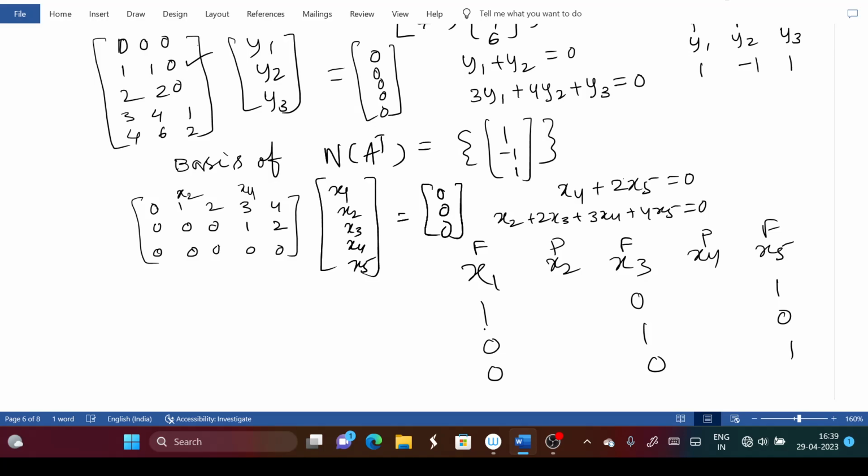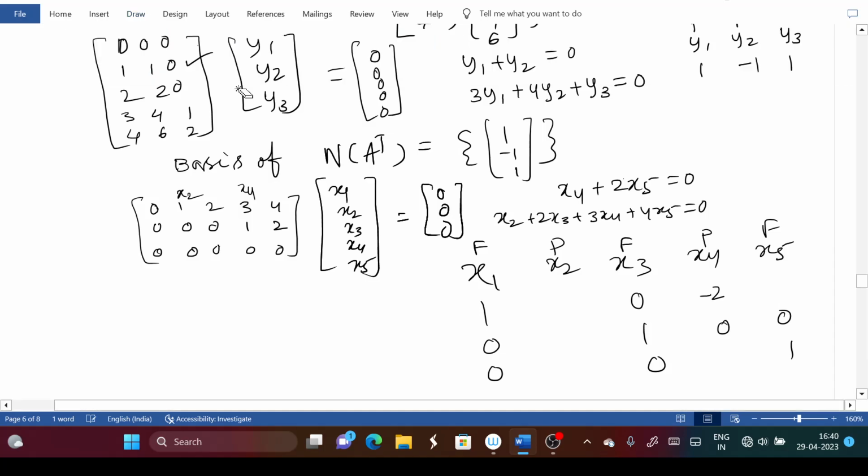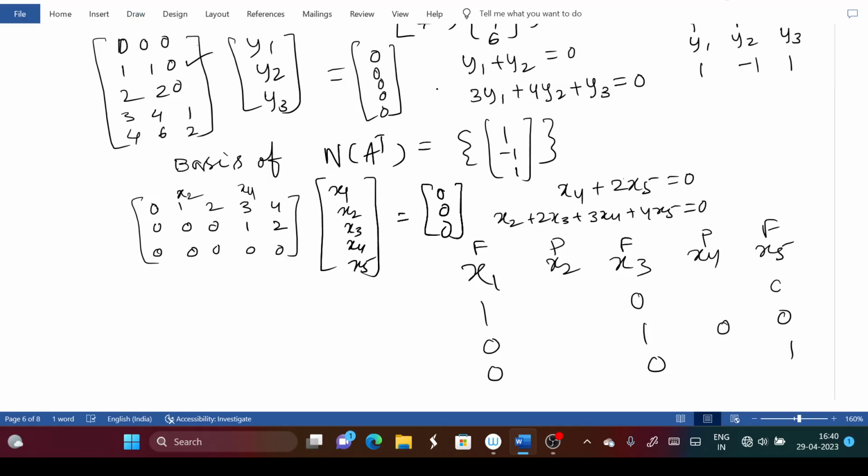Now from x5, twice this, so it is minus 2, it is 0. Here this free variable I have wrongly assigned. No free variable can be assigned twice 1. So 1 0 0. So this is 0. This is minus 2. Okay.